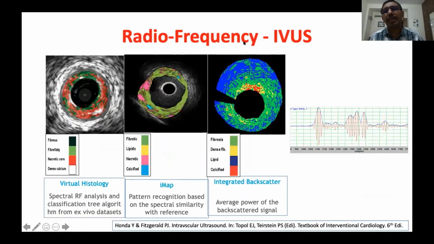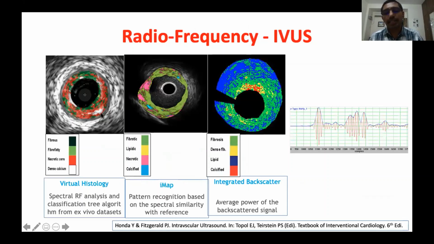One word about radiofrequency IVUS. Grayscale IVUS uses only the envelope information in the reflected signals, and its discriminatory power is limited. To improve the tissue discriminatory power, newer systems use radiofrequency signals behind this envelope for tissue characterization.